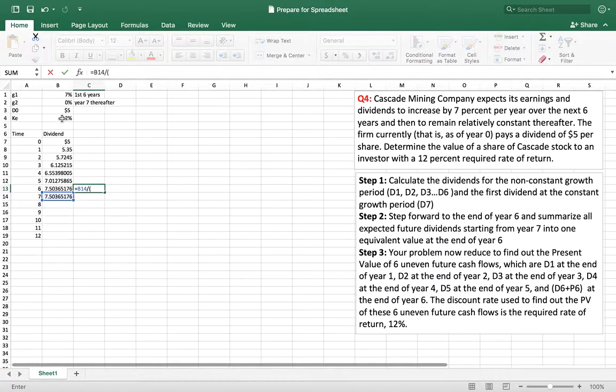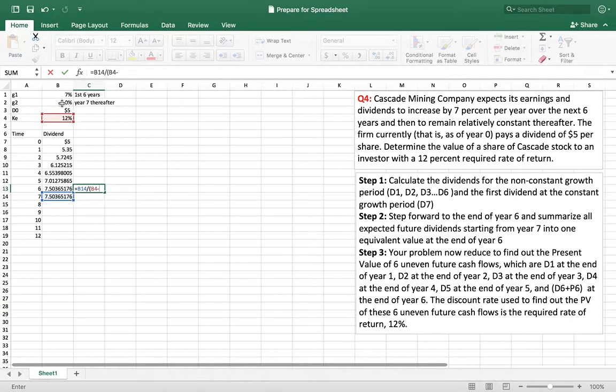Then the investor's required rate of return given in cell B4. So I click on cell B4 minus the constant growth rate given in cell B2.